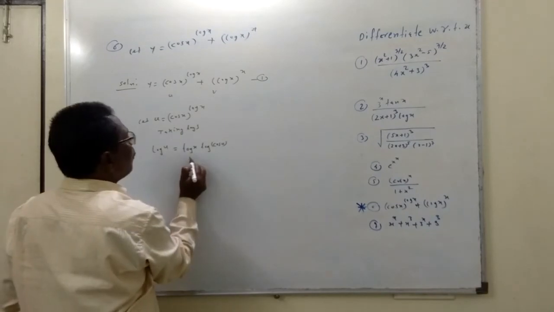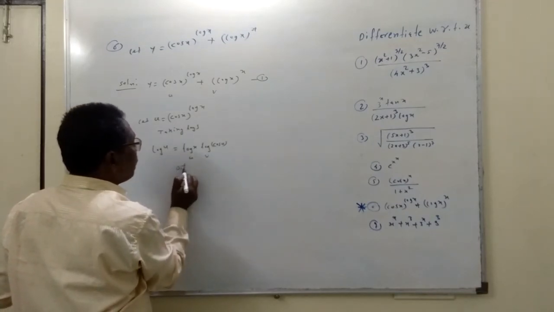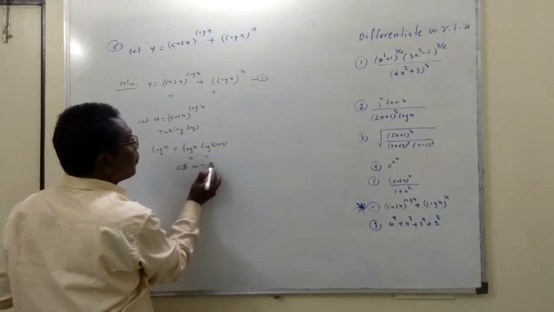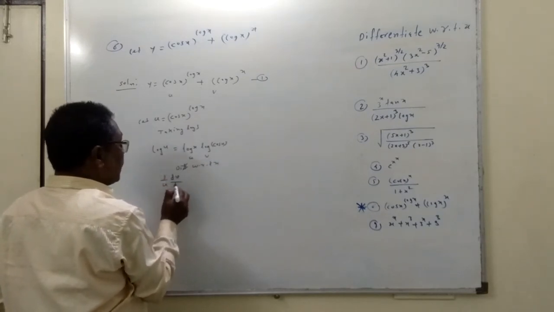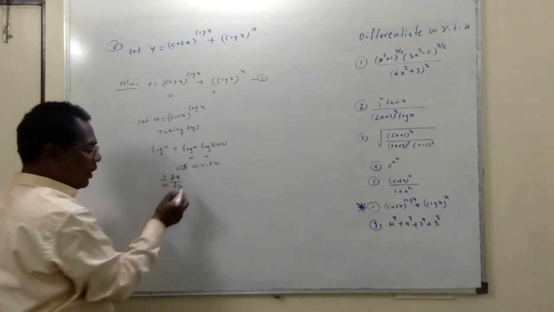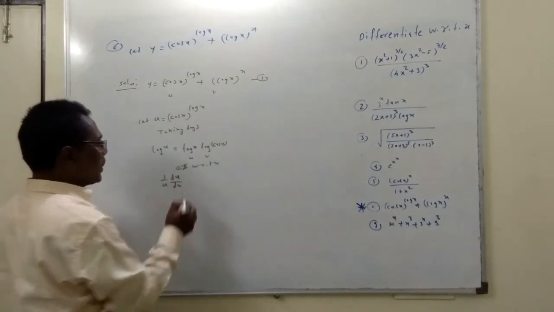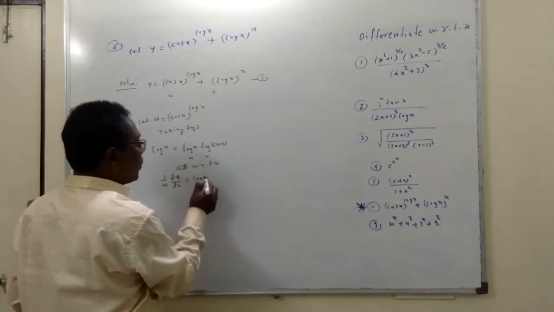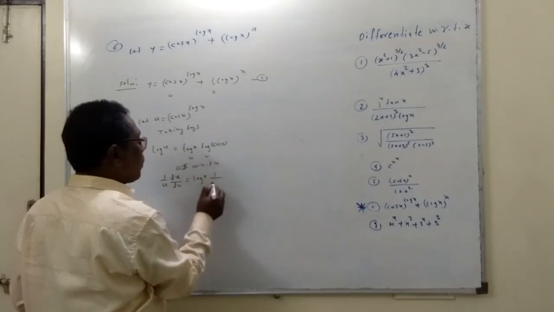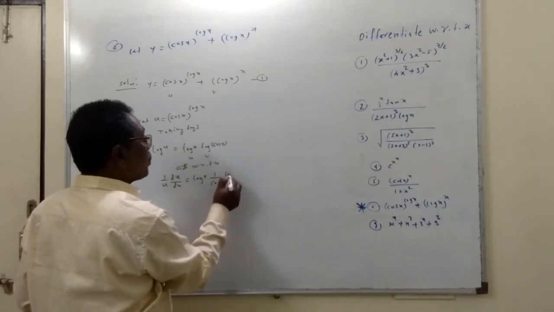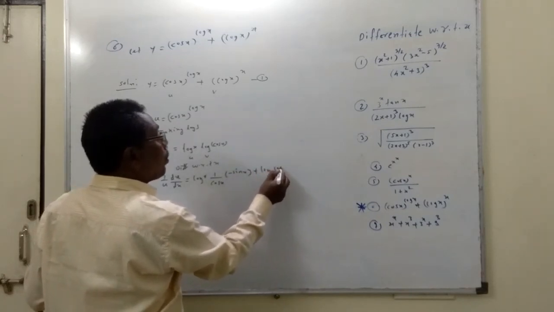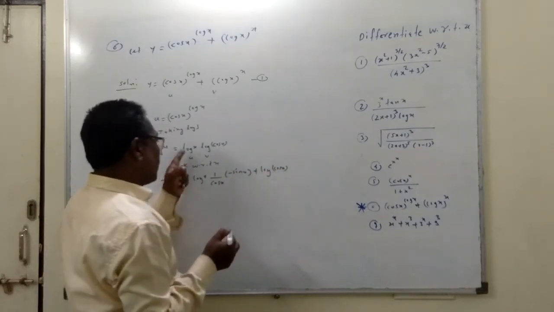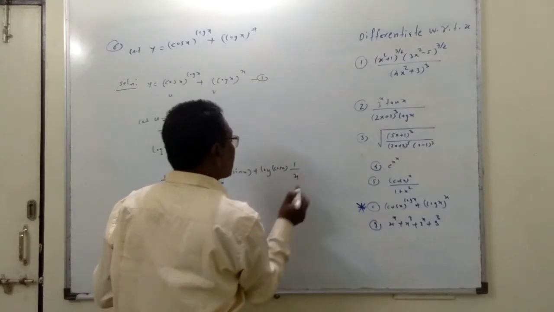Now by the product rule, we will differentiate this with respect to x. So 1 upon u du by dx, the derivative of log u, is equal to log x constant times the derivative of log cos x, which is 1 upon cos x times the derivative of cos, minus sin x, plus log of cos x kept constant times the derivative of log x, which is 1 upon x.